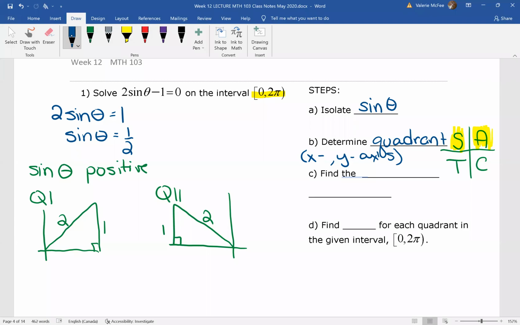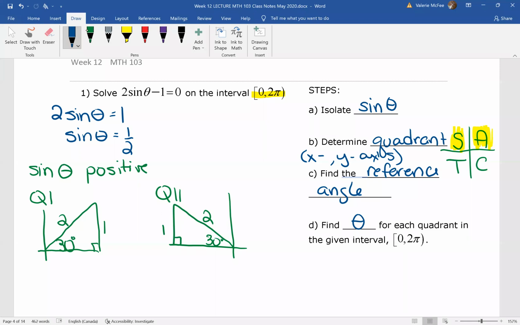Next, we want to find the reference angle. I hope you recognize these triangles where 1 is across on one side and 2 is the hypotenuse. We know this is our 1, 2, root 3 triangle. And so our reference angle in each of these is 30 degrees. Finally, we want to find theta for each quadrant.